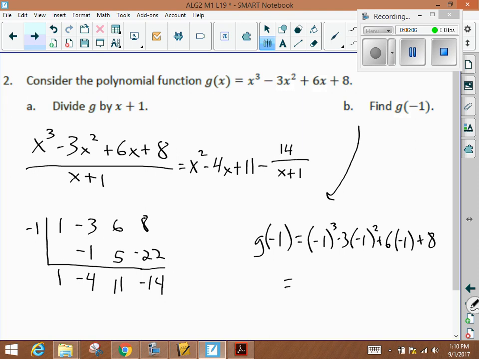Bam. And if we put that into our handy-dandy calculator and do some mental calculations, we wind up with g of negative 1 equal to negative 2. All right, do we see a pattern forming?